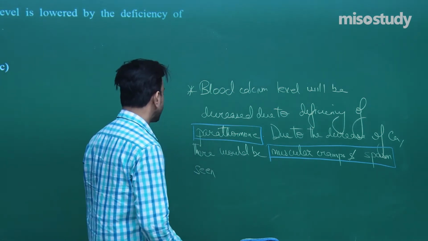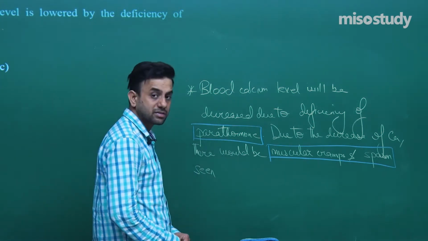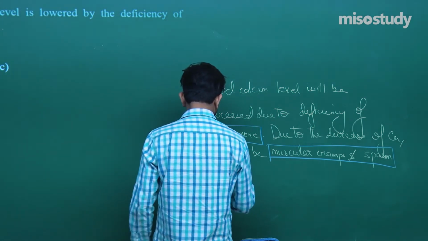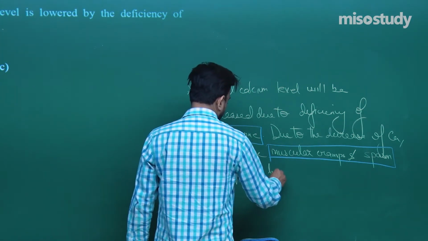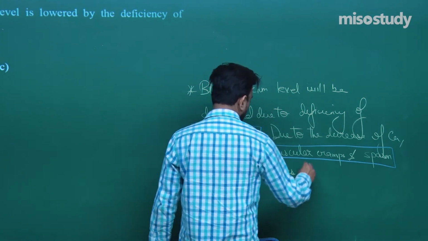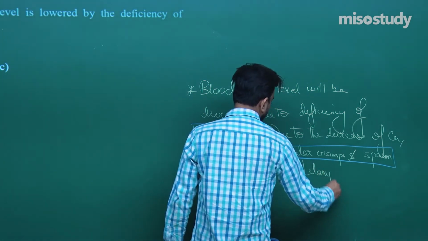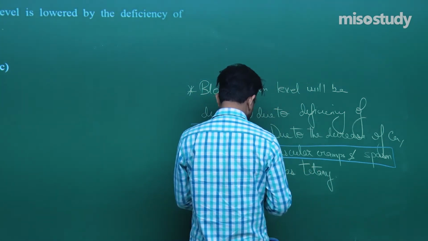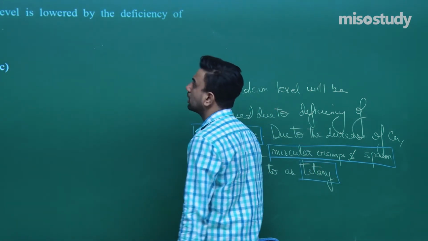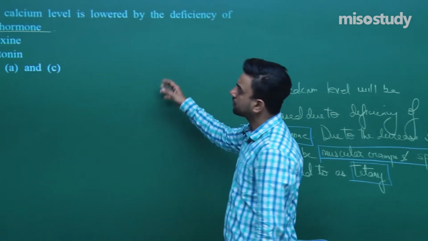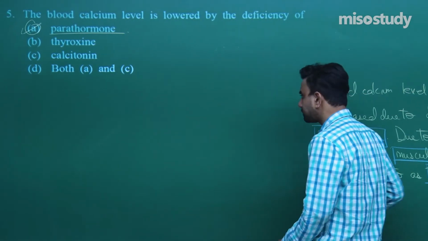So due to the decrease of calcium, there would be muscular cramps and spasm seen, referred to as tetany. So the blood calcium level is lowered by the deficiency of parathormone.